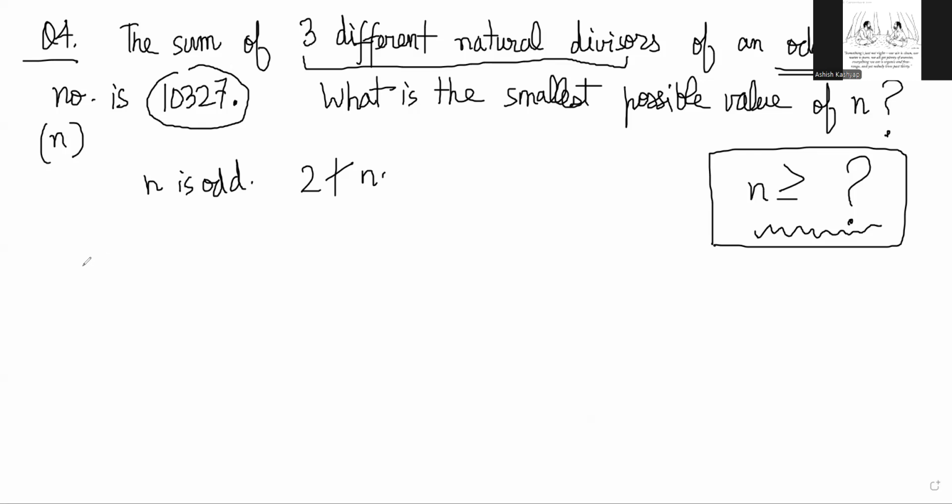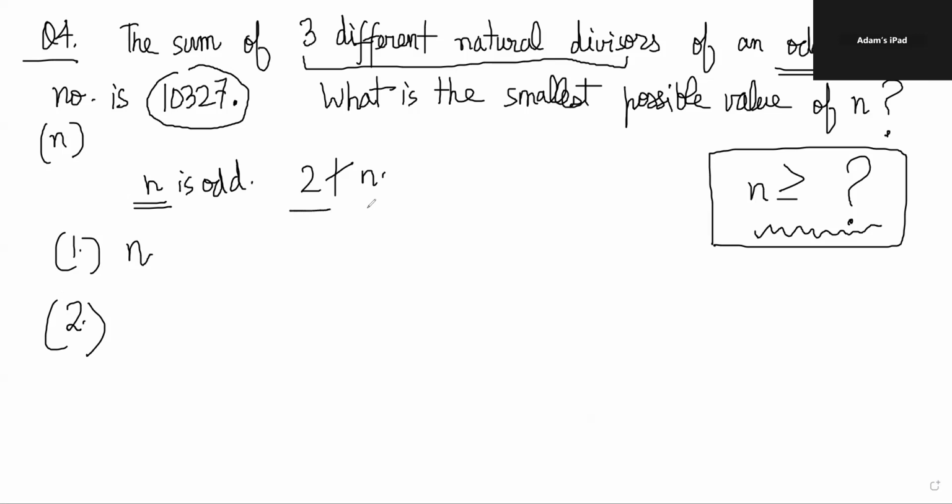So let's try to think of the largest possible divisors of n. What is the largest divisor of n? N itself, right? What would be the second largest divisor of n?